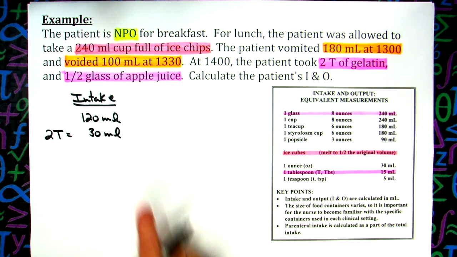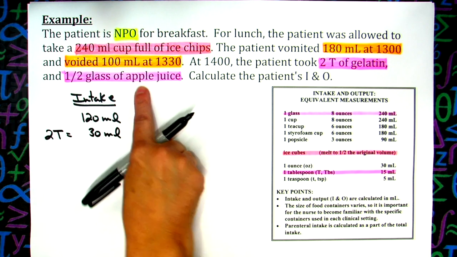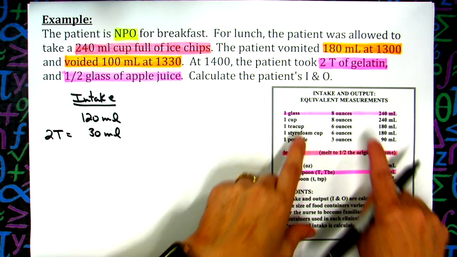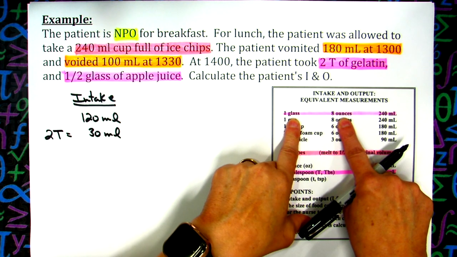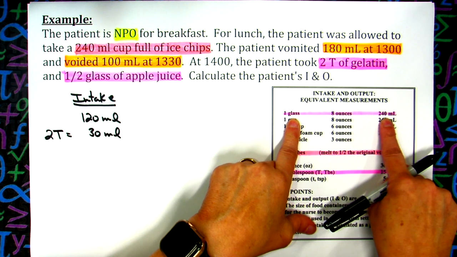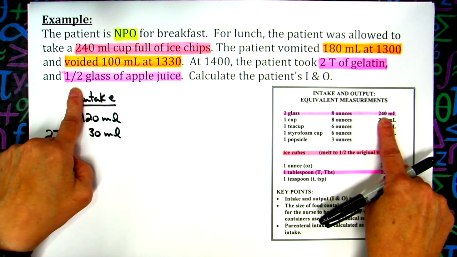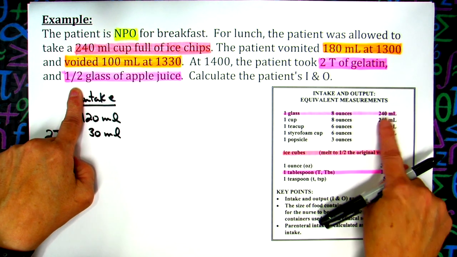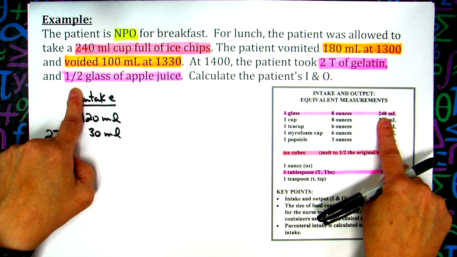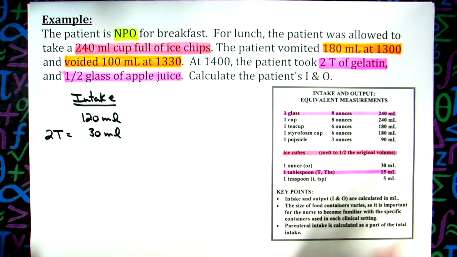And then the last thing is half a glass of apple juice. A glass typically is 8 ounces, which is 240 milliliters. We're going to do this in milliliters. Half of a glass would mean I only need half of the number of milliliters. So half of 240 is 120.